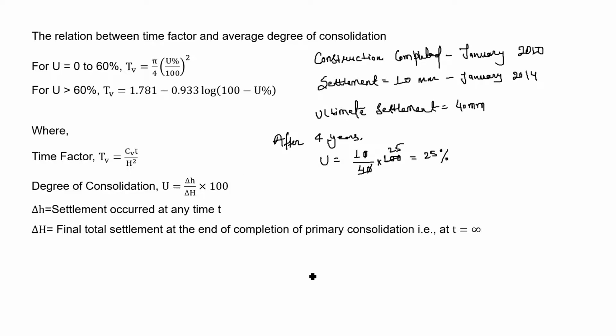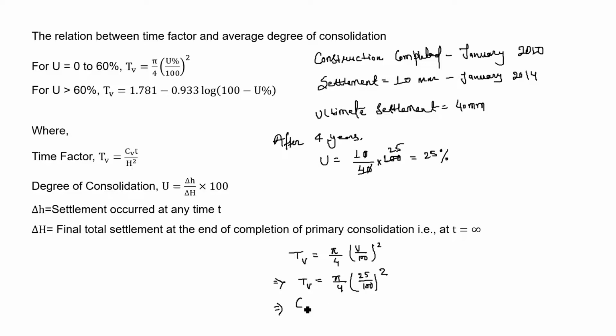So Tv is equal to pi by 4 into (25 by 100) square. Now further this Tv can be written as Cv t by H square.